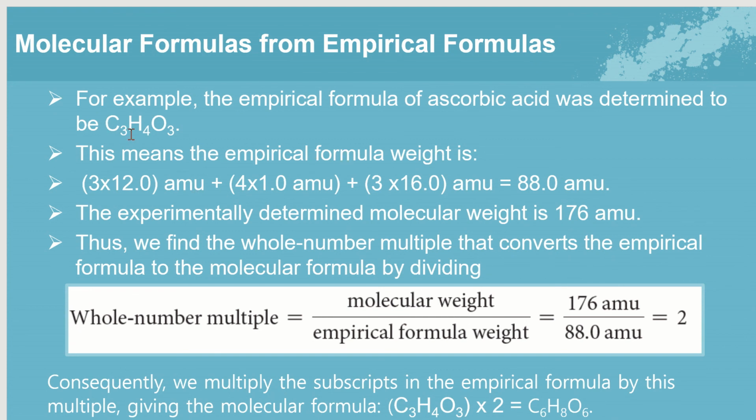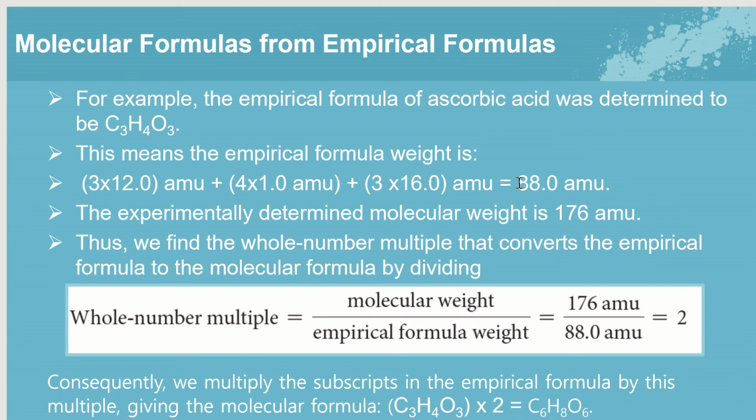We should know our periodic table at least, the atomic weights of carbon, hydrogen, and oxygen, or we can say atomic mass units. Carbon is 12, and so 3 times 12 plus 4 times 1 for hydrogen, plus 3 times 16 for oxygen, and we end up with the empirical formula weight of 88 atomic mass units.